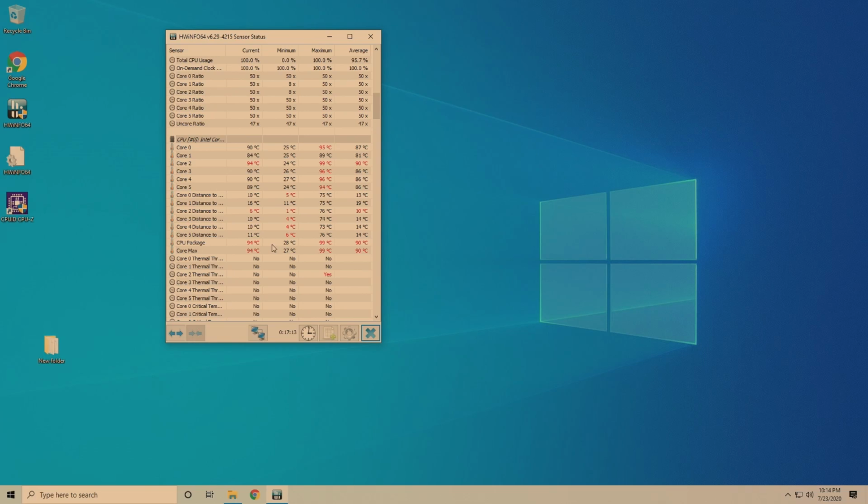And we've got temps a few degrees cooler, probably about 5 degrees on average so far. So yeah, temps did look a little bit high for the voltage we're seeing, especially being only a 10600K. The temps were about what I see on my 10900K, but now they're about 5 degrees lower than that. So this is more in line with what I would expect for a 10900K.